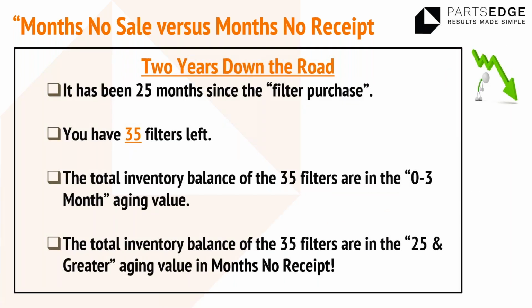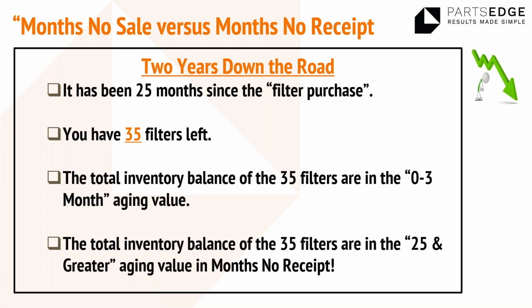To really put it into perspective and to sum this simple scenario up, we're looking 2 years down the road now, and you've continued to sell one every month for 25 months. You still have 35 filters left. And remember, the total inventory balance of those 35 filters makes it look like it's an active moving part.